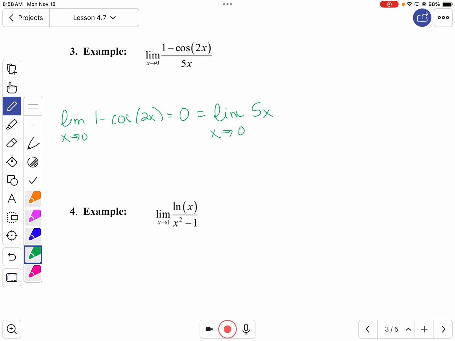That's your limit sandwich. So your numerator limit equals 0, your denominator limit equals 0. Therefore, L'Hopital applies. So on a free response, you have to justify that you can use L'Hopital.